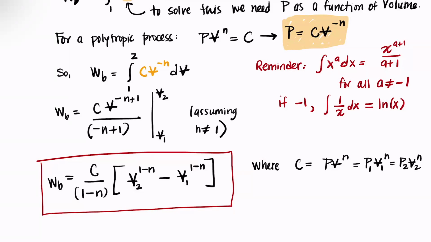And then another important thing to note, C has units. Right, so we have pressure times the volume raised to a power. All right, so this has units of pressure times units of volume raised to whatever the n power is.